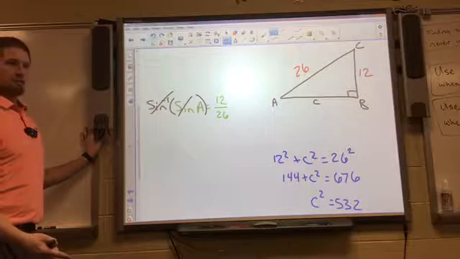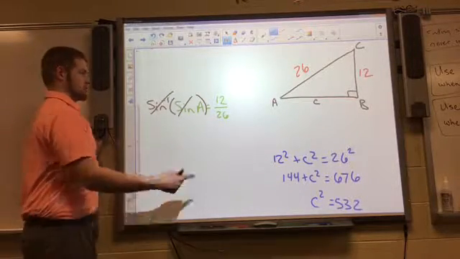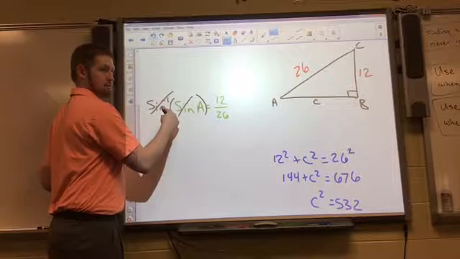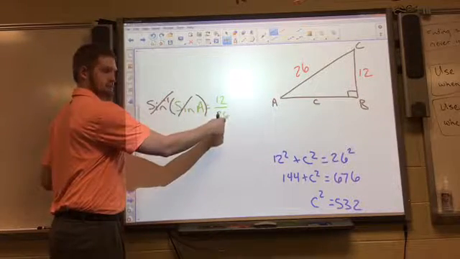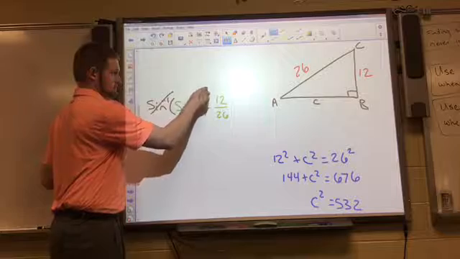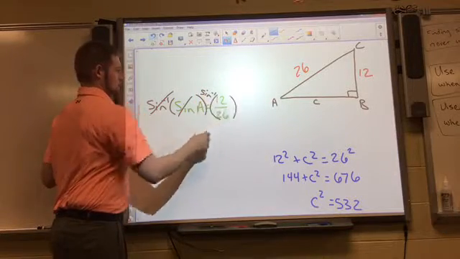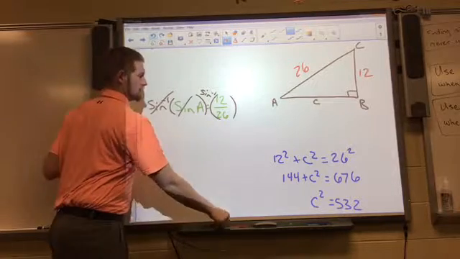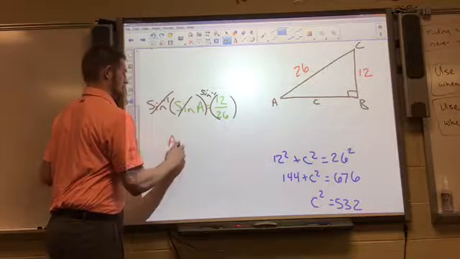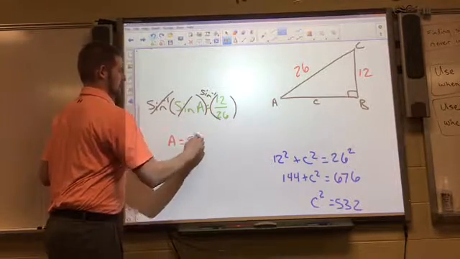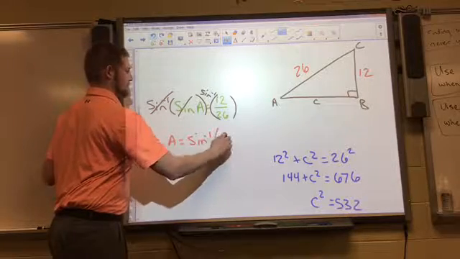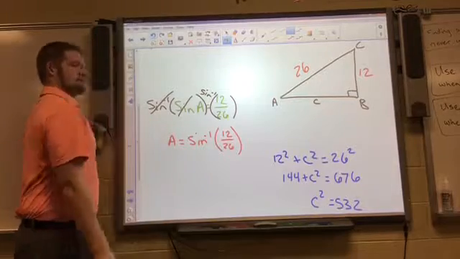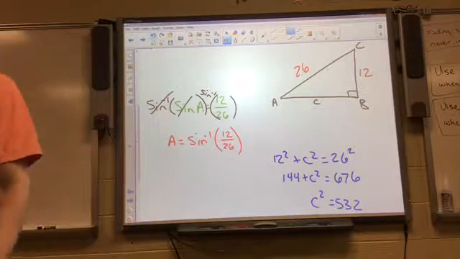But with our math knowledge, we know that if I did it to the left side, I also have to do it to the right side, correct? So what do I have left on the left side? Just A. So I have A equals the inverse sine of 12 over 26. And this we just need to type straight into our calculator.